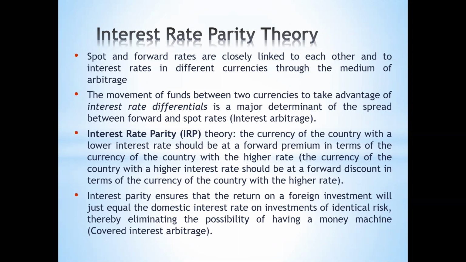So that means if a country has a low interest rate, that country's currency should be at a forward premium, that country's forward rate should be at a forward premium compared to the country where the interest rate is high. Now, let's see the example.